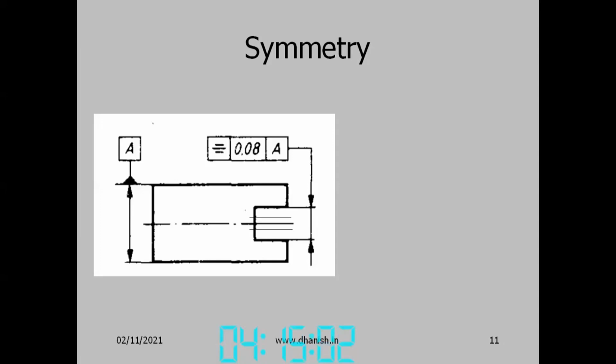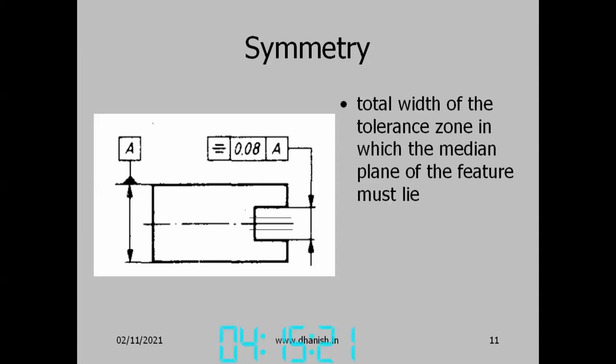And then we have to identify a zone of say 0.04 on either side, with respect to the axis of the datum that I identified, and the actual axis of the workpiece should lie within that 0.08 wide tolerance. Okay, so the total width of the tolerance zone in which the median plane of the feature must lie.